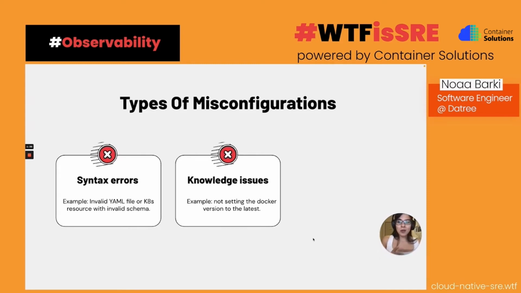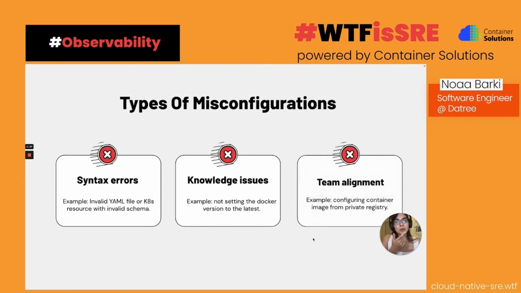The last category of misconfiguration is team alignment, because it's not only about following the industry best practices, but also about being aligned with your teammates and with your organization's best practices. It's sort of like following the internal best practices in your organization.